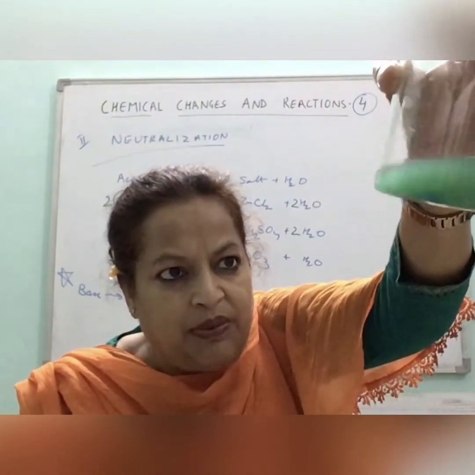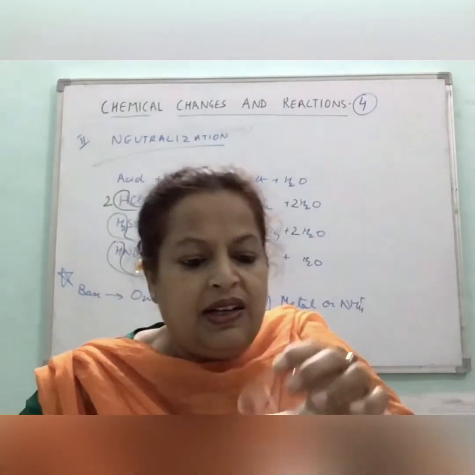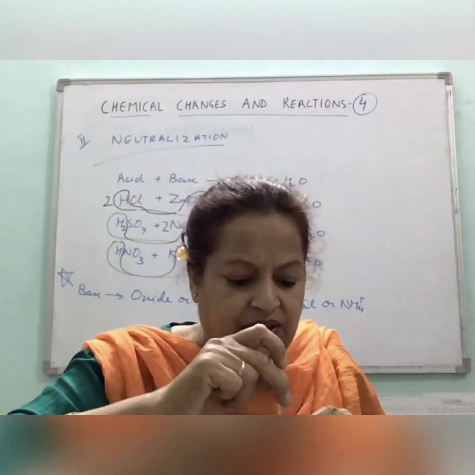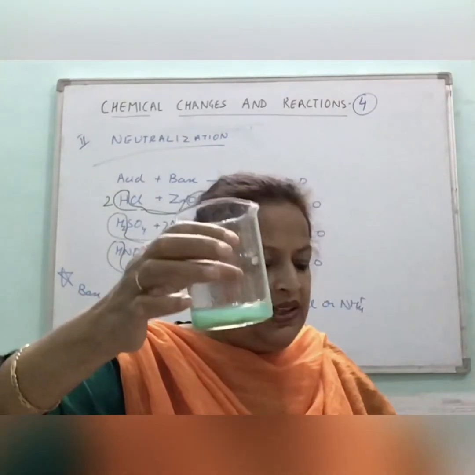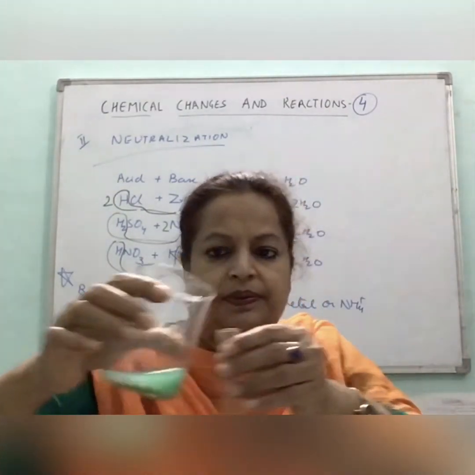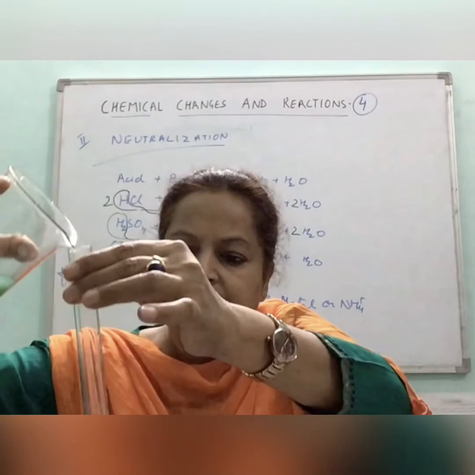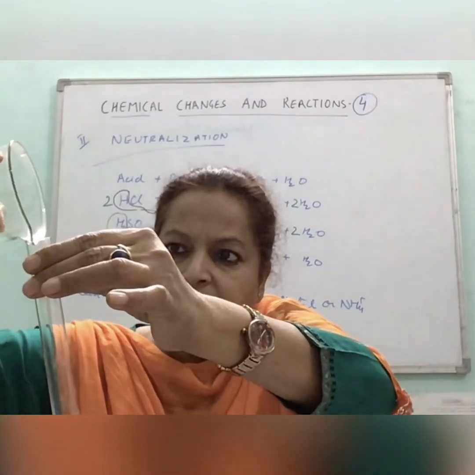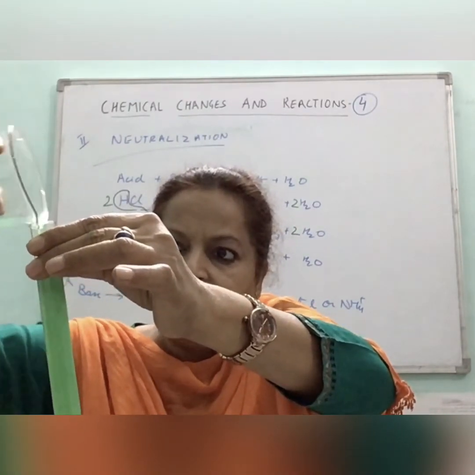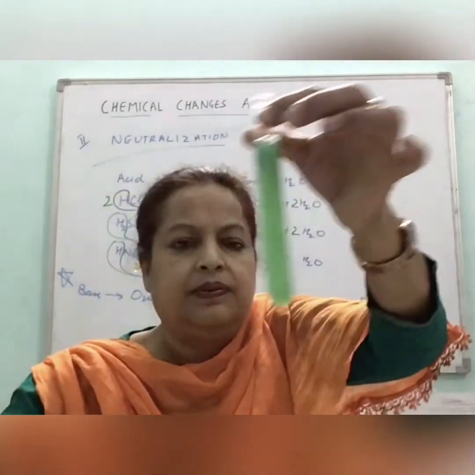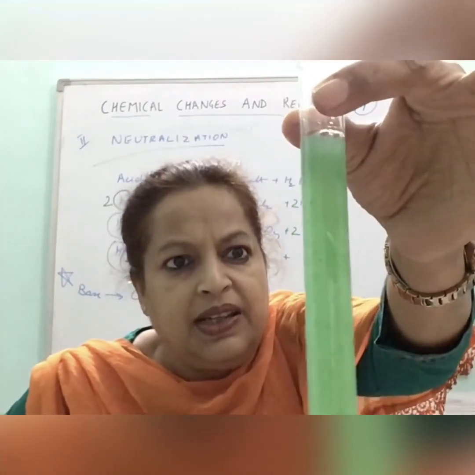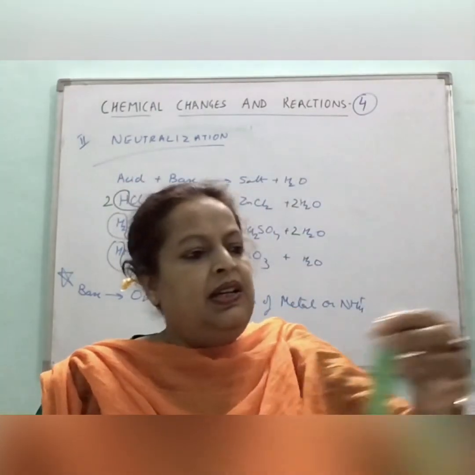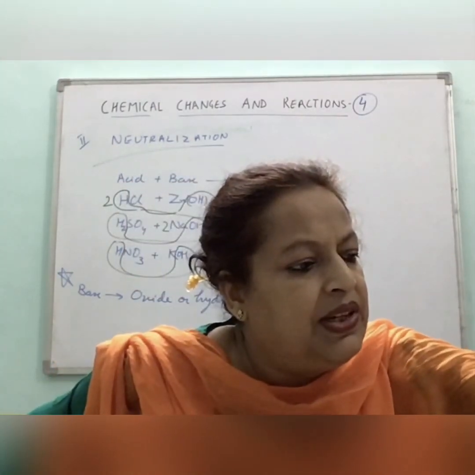So insoluble precipitate, right? If I turn this whole reaction into a test tube, it would be easily seen by you all. You can see the insoluble particles. So this is a precipitation reaction.